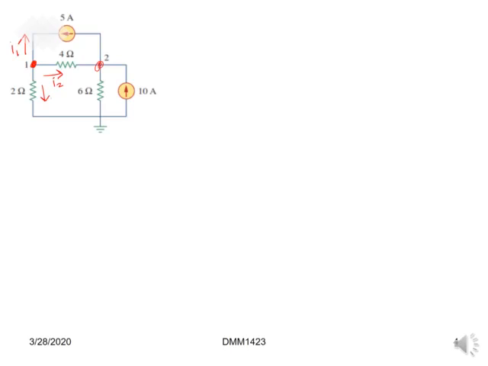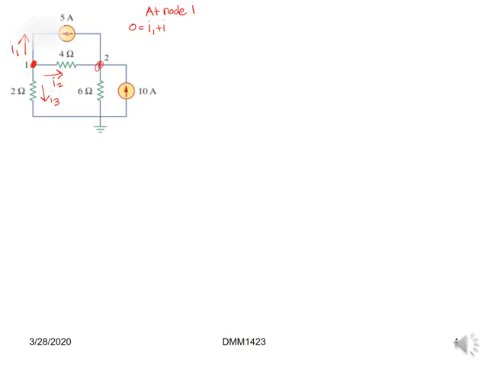From here, we pick the first node, and we assume that all of the current is flowing out of the node. These are considered I1, I2, and I3.